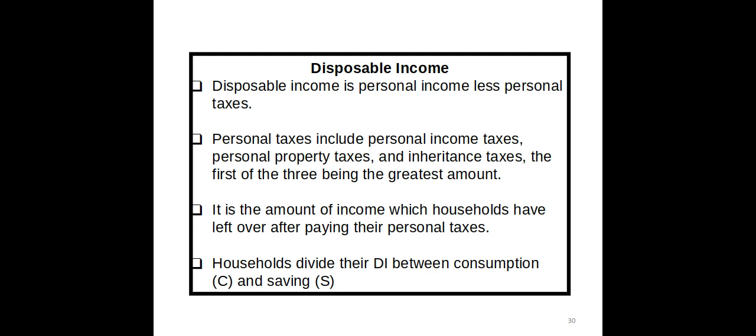Disposable income is probably the most important measure in the economy as far as consumption is concerned. This is just personal income minus personal taxes. When we take taxes out of personal income, this basically gives us how much money in the economy could be spent today. How much money do people have?